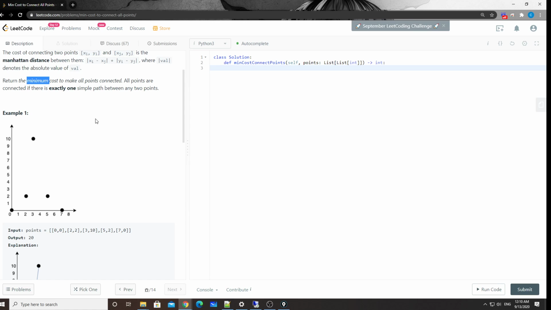The edges have a starting point and an ending point, so two points, and then also a distance. We will try to union those two points whose distance is the least, so that it's guaranteed that we can get the minimum cost.